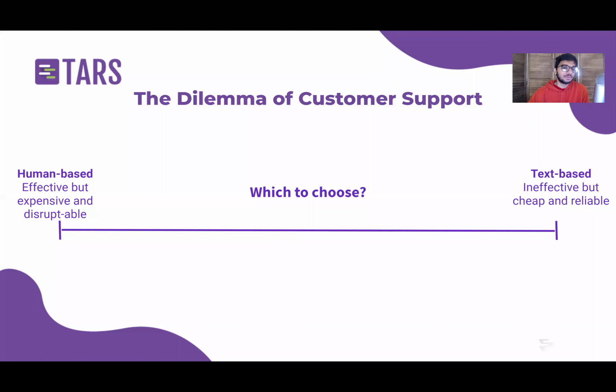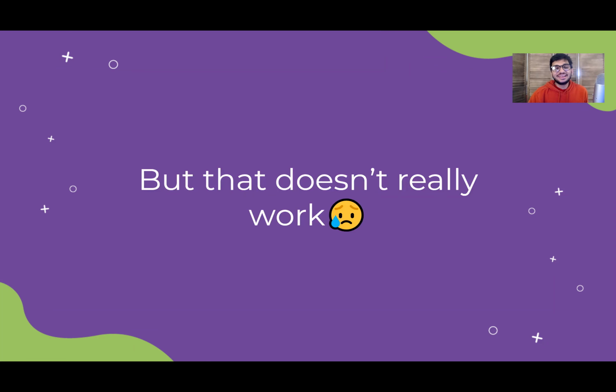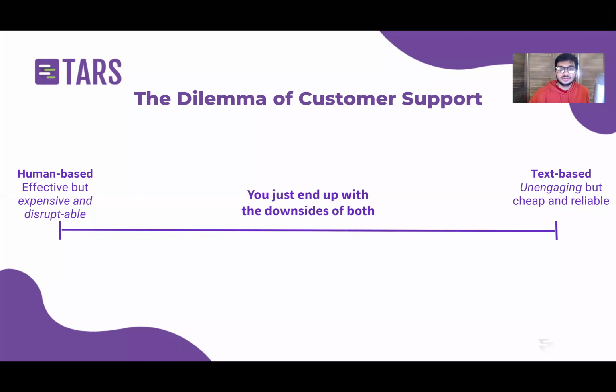And this is a real dilemma because you obviously don't want to choose just either one of them. So the end result is that most people choose both. Most people have resources online and they have a live chat system or a call center system. And they figure at least the good things about each will cancel the bad things of the other out. But usually what happens is that you get the worst of both worlds.